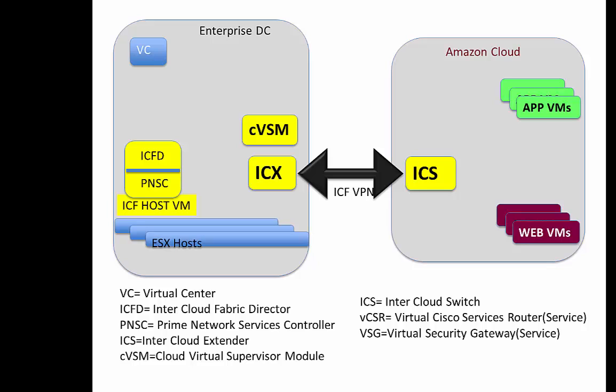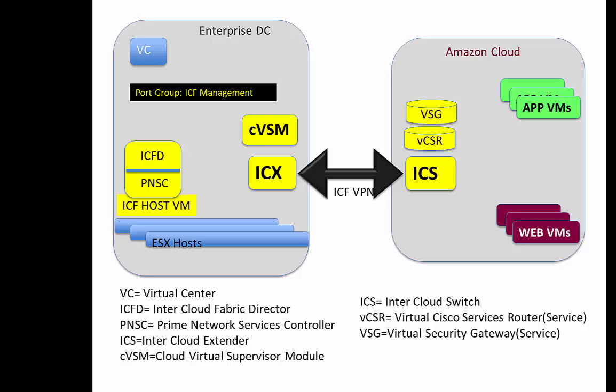Again, as I mentioned before, if you're not doing any routing on the cloud side, that packet has to go all the way back to the enterprise data center. And also for security, if you want to separate them tenant-wise, you can use VSG, virtual security gateway, and CSR for your routing. It's very basic routing between the VMs.